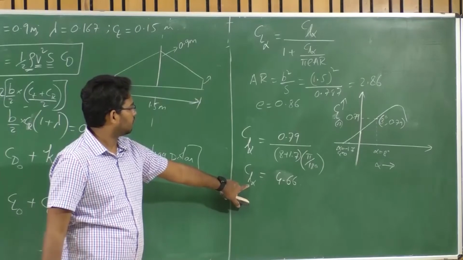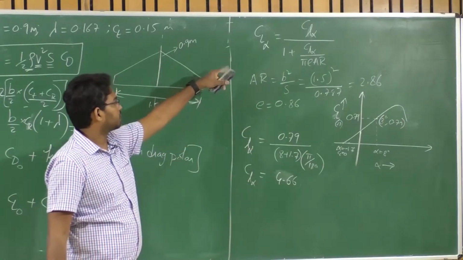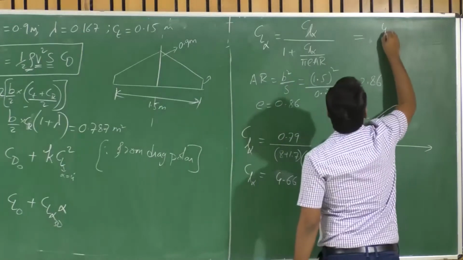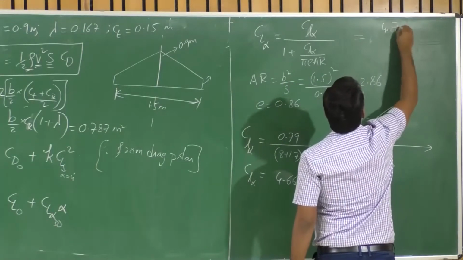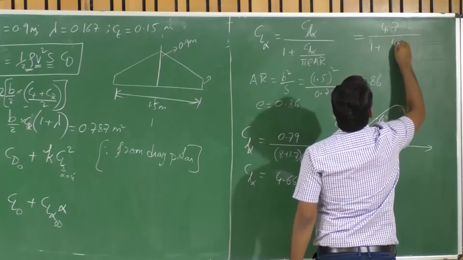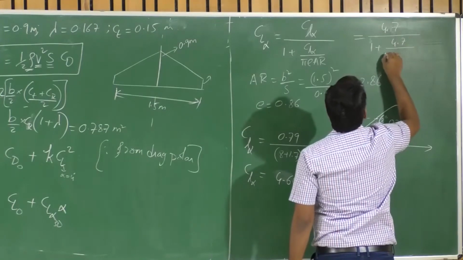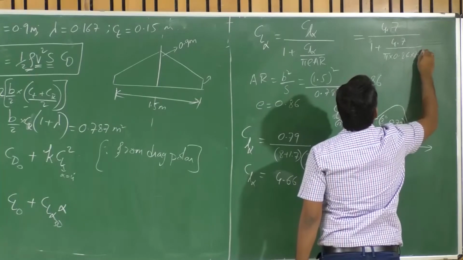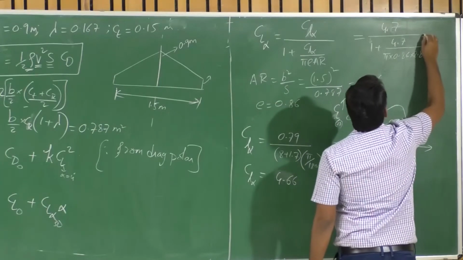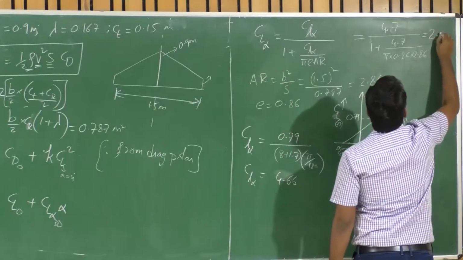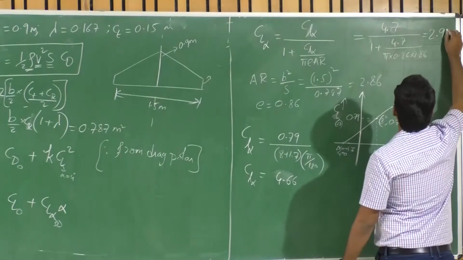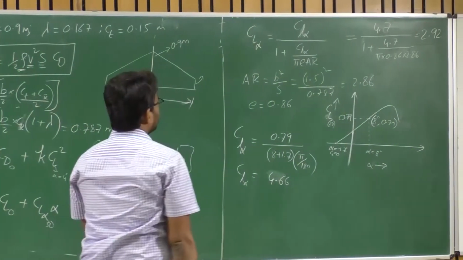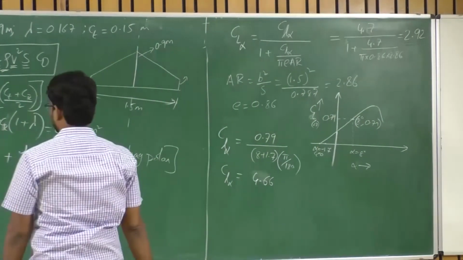So now you have CL alpha 2D. By substituting in that particular equation, I get 4.7 upon 1 plus 4.7 over pi times 0.86 times 2.86. So what I have is approximately 2.92. So CL alpha 3D is 2.92.